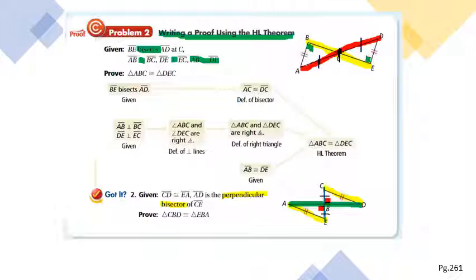Is it right? So let's recall now. Let's repeat what are the conditions. The first one here, the yellow, is one pair of hypotenuse. And then here, the red, it's for one pair of right angles, is it right? And then here, the blue, one pair of congruent legs. So after proving the three conditions, we can prove that the two triangles are congruent by HL theorem.